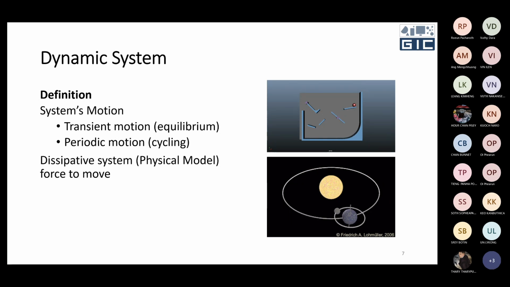So in the physical model, when you try to make transition motions or movement, in this figure we can represent it by the physical model, because as you see, I try to define the power P equal to mg, where g is the value of gravity. So we call this a dissipative system, or in the physical model, in order to move something, you have to use a force.